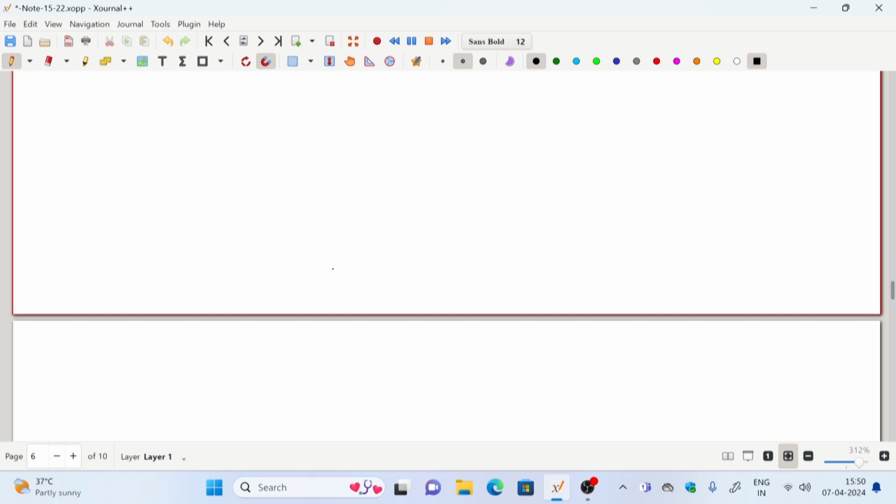Now we'll learn the nai form of the verb. We have done te form plus kudasai, right? It means please do. Okay. If I want to say to someone, please eat, it will be tabete kudasai.